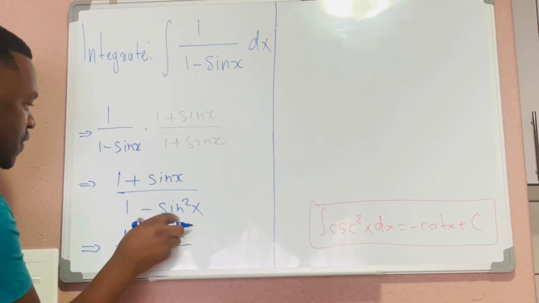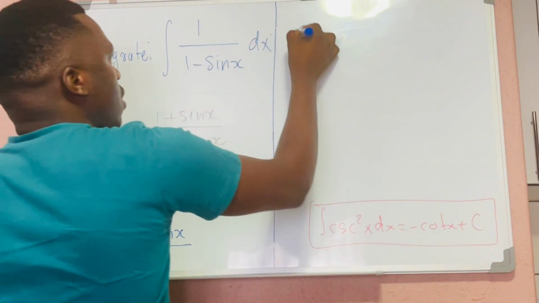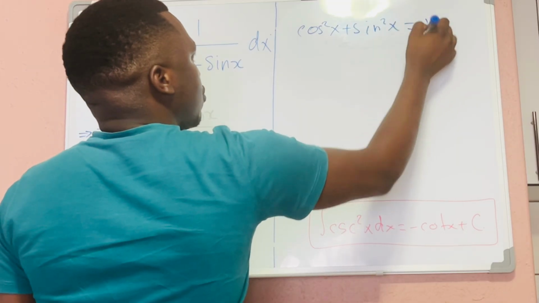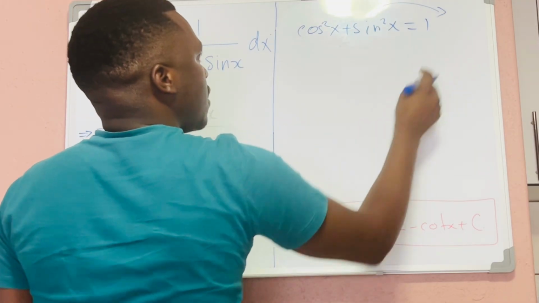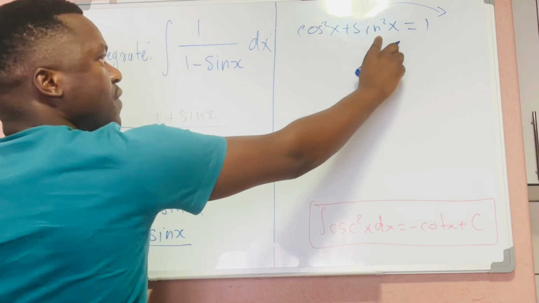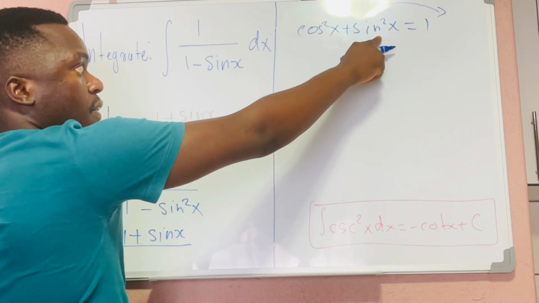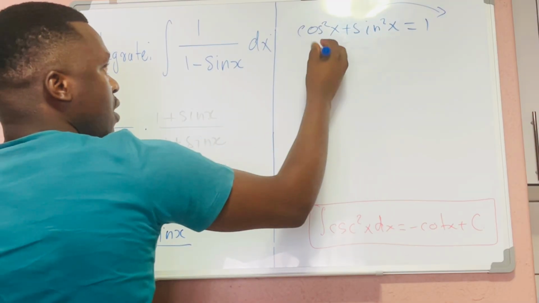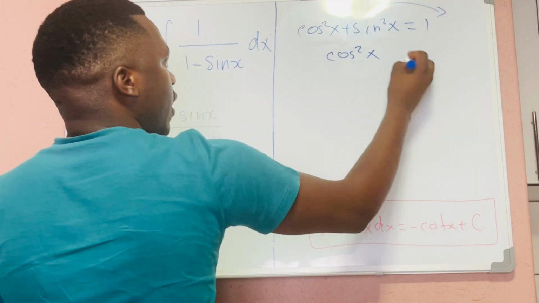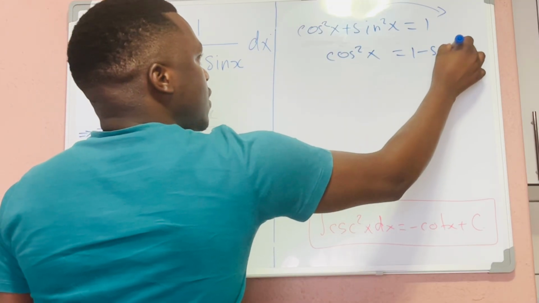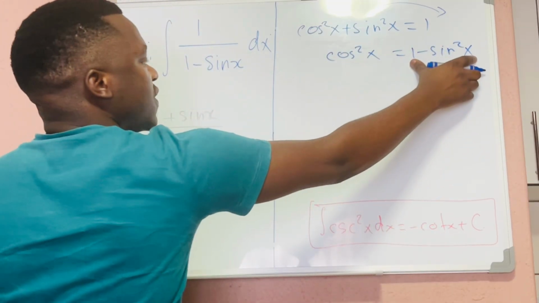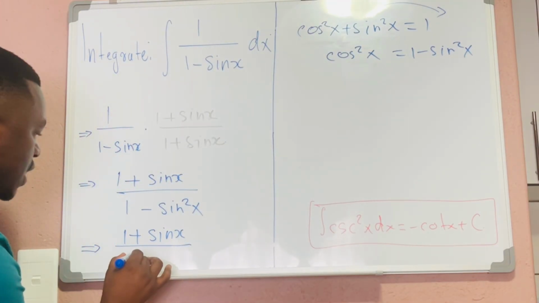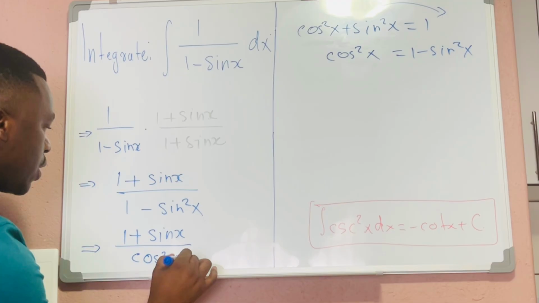If I look into the identity property and take this to the other side, it means that I will have 1 minus the square of the sine function of x, and that will be equivalent to cos squared of x. So cos squared of x equals 1 minus sine squared of x. So I can replace this by this particular expression here, so this will be nothing but the cosine squared of x.